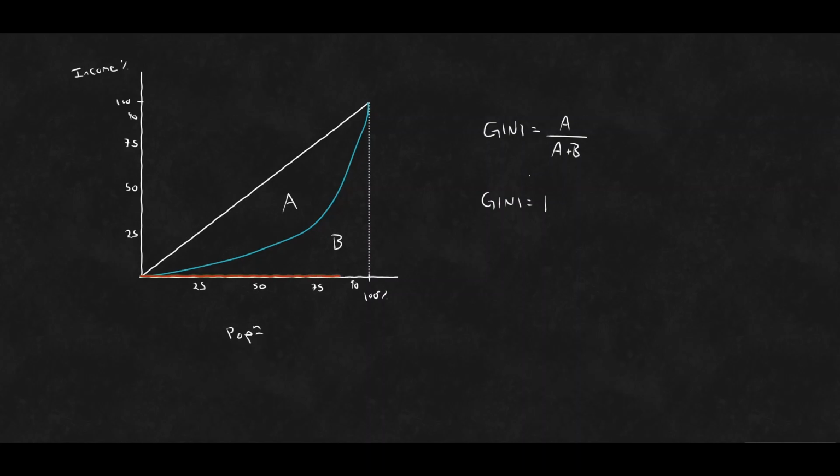Your Lorenz curve would go like this along the axes, and then the richest one person earns 100% of the income. If we had a situation like that, then you would have a Gini coefficient of 1, because area A would account for everything and area B would just be 0. Okay, so that's the one extreme.